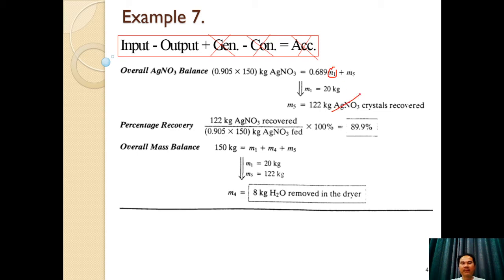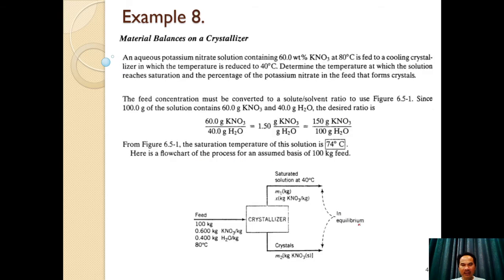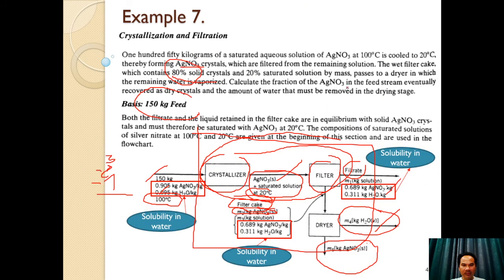You know M5, you know M1, M2, M3, and also if you would like to calculate M4, you can use the overall mass balance. 150 equals M1 plus M4 plus M5. You know M1, you know M5 already.